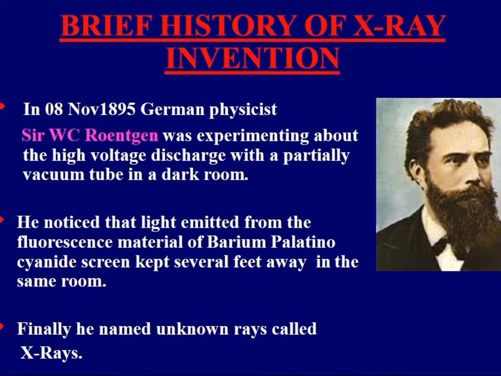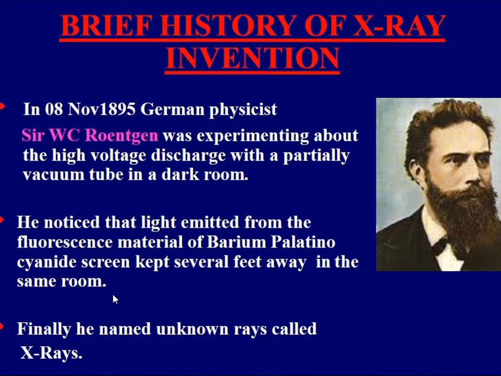That day, when he was working on this experiment, he made some variations in his experimental setup, and accidentally he saw that a barium platinocyanide screen was shining, or we can say there was some fluorescence on this material.